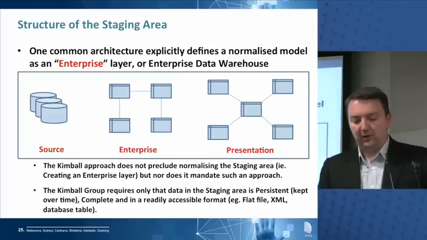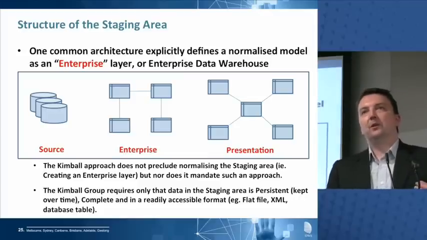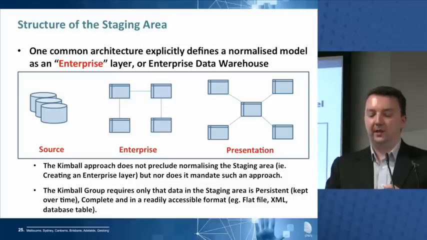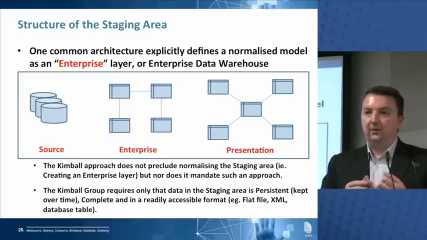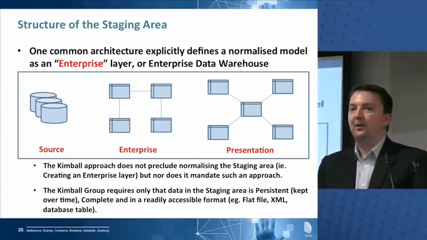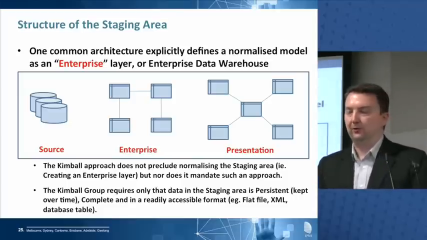So what Ralph says now is your staging area needs to persist all of that data that you acquire, and the format that you persist that data in must be a readily accessible format.